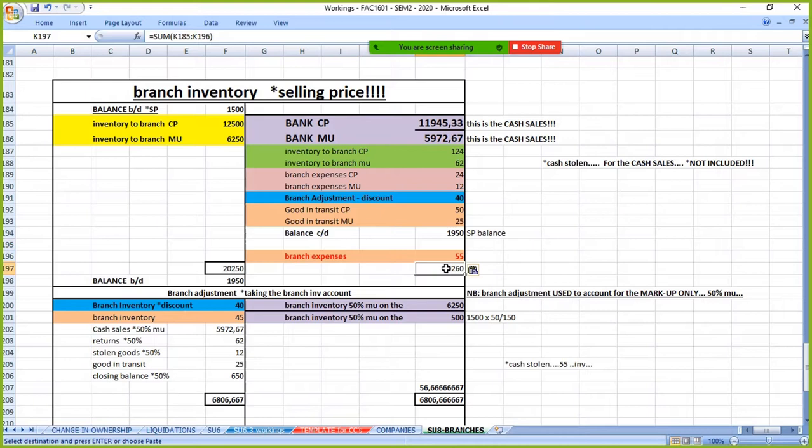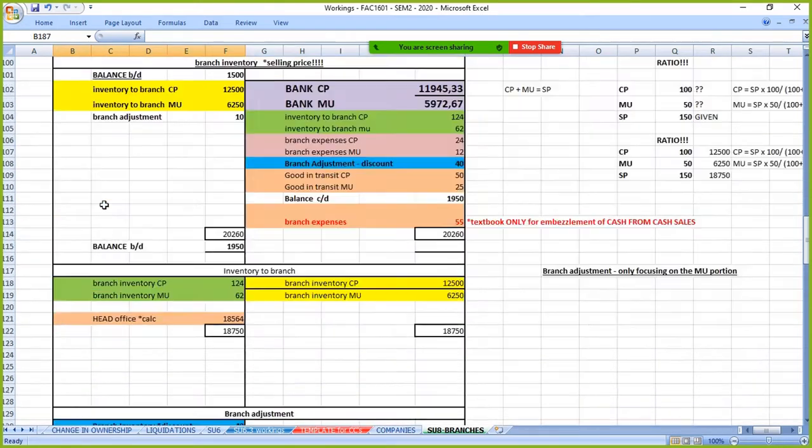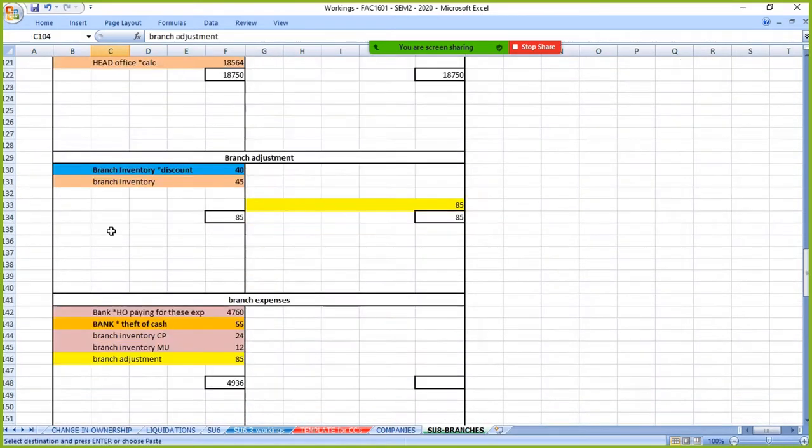All right, and then this change, sum up all of that. And then this is the total, and then subtract. Okay, there's the 10. All right, so it's in line with what we had up here. Branch adjustment, copy paste.